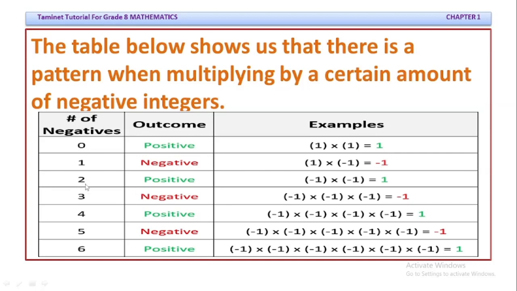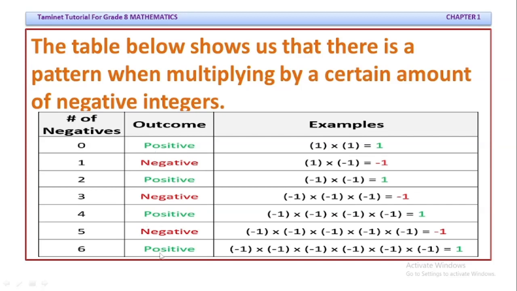Now, if the number of negatives is even and if the number of negatives is odd, for example 1 is odd, so the outcome will be what? Negative. If there are 2 negatives, that means an even number, so the outcome will be what? Positive. That means negative times negative is positive. And we can observe the green color is positive.